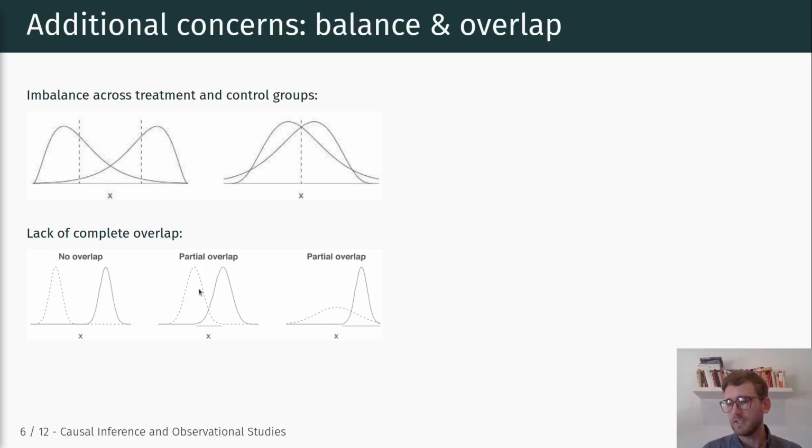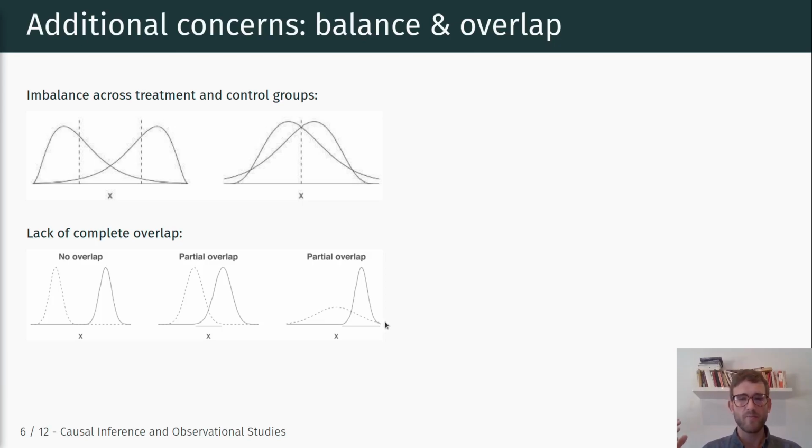On the other hand, we can have partial overlap, which means there is some overlap in those distributions, but it's not perfect, it's not complete. The important thing to recognize here is that if we have issues such as partial overlap in this distribution, that ultimately restricts the amount or types of causal inferences that we can make.